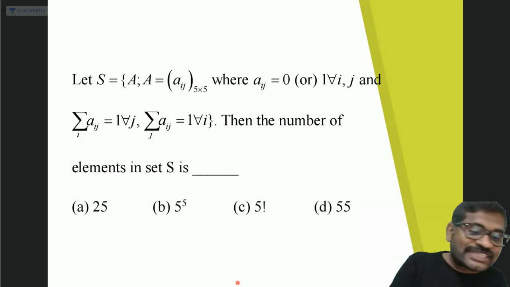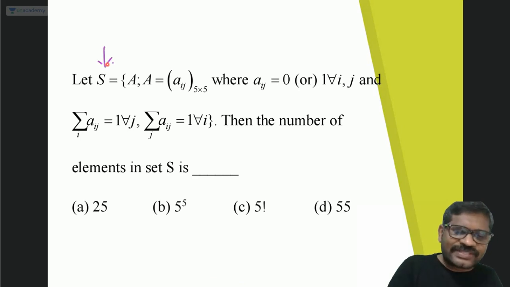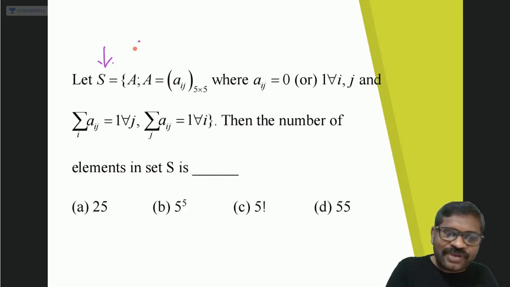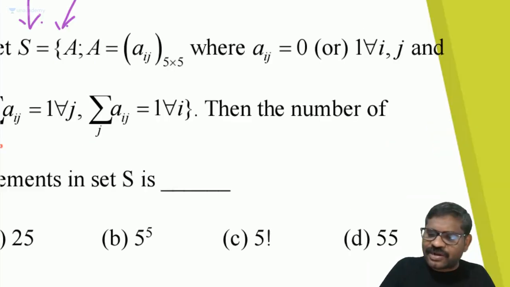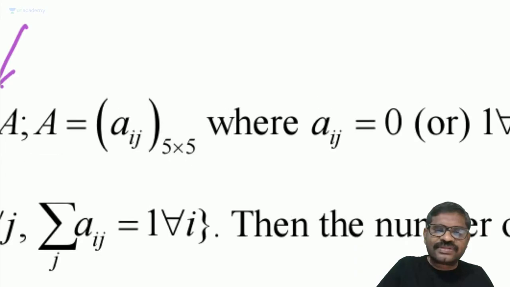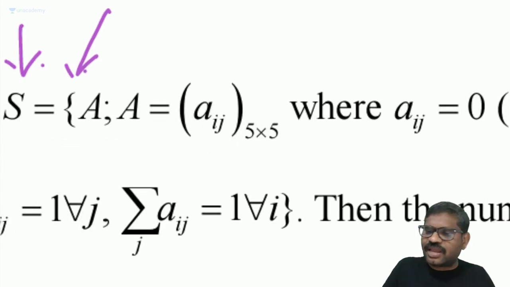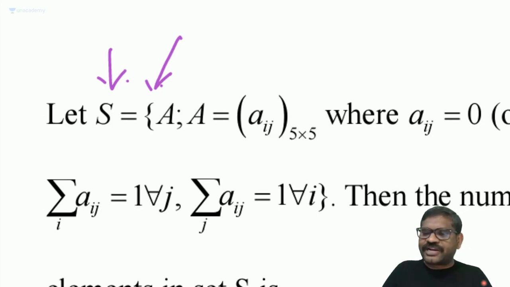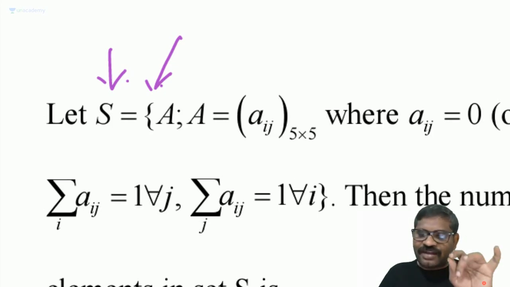Let S. Sir, what is S? First question, what is S? He has mentioned a flower bracket here. Visible or not? I'm explaining one by one. Observe, there is a flower bracket. While I'm explaining, concentrate.